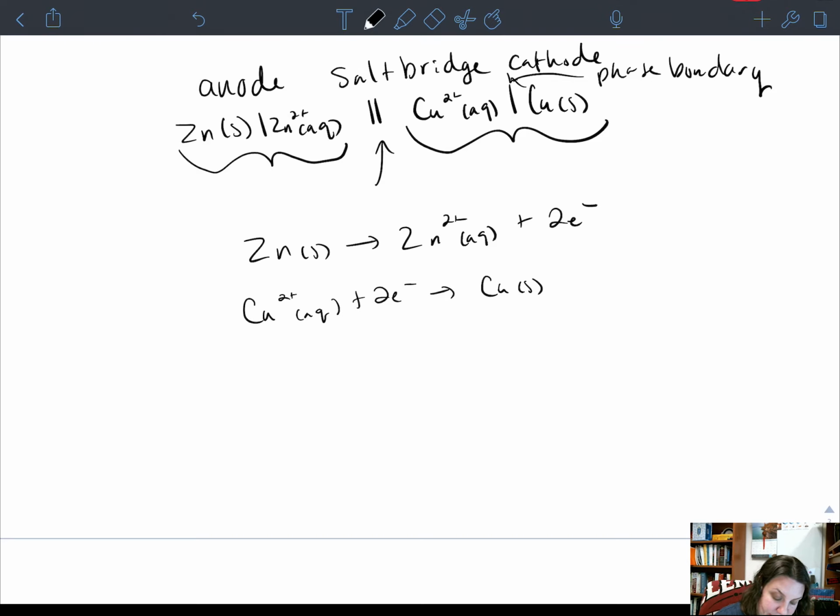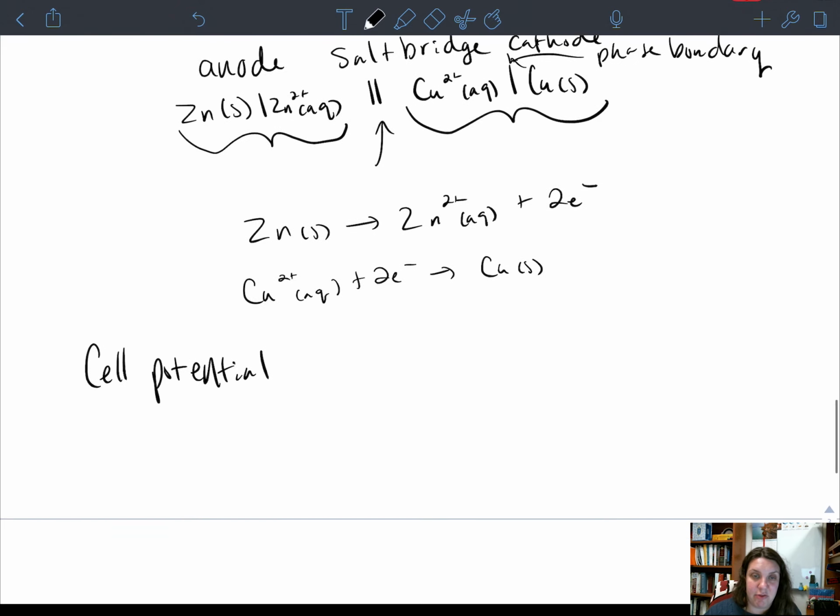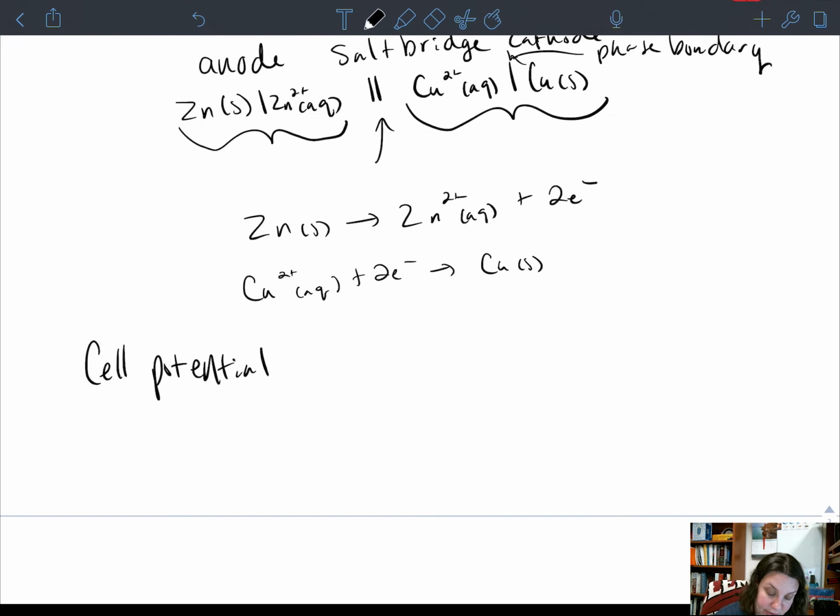Next thing I want to look at is the cell potential of these. So we have a cell potential for these electrochemical cells, and it is basically in volts, which is equal to 1 joule per coulomb. Okay, and it's the force that pushes electrons from the anode towards the cathode.